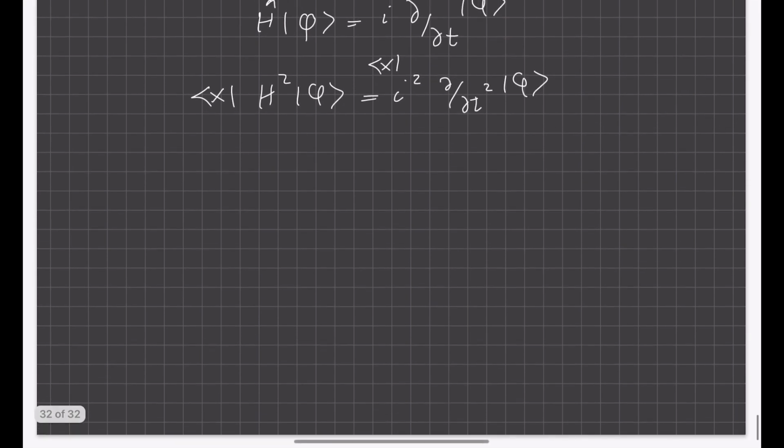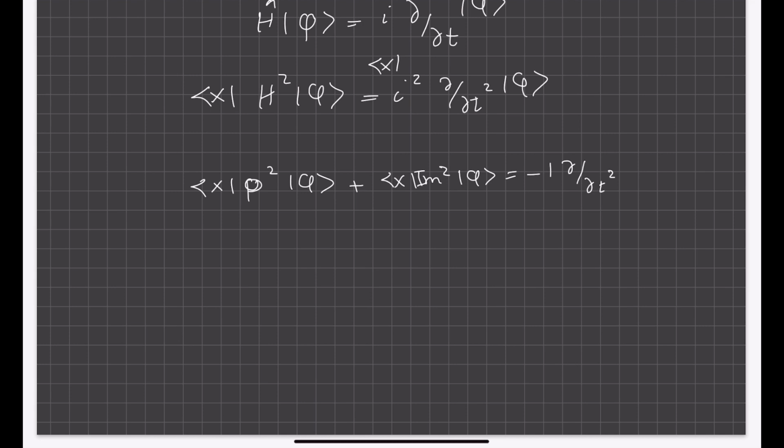So I ended up with two terms here: some p squared terms and some m squared terms. This m squared is basically the identity operator times m squared, where m is a scalar. And then I have i squared, which is going to be minus 1, times the second derivative of phi, and there is this projection on x.